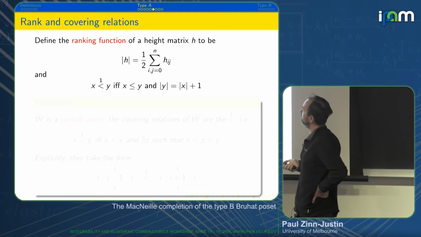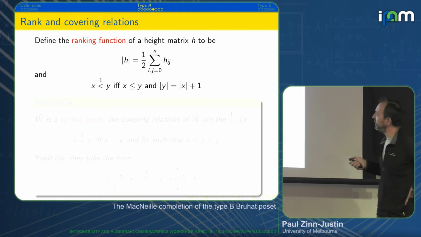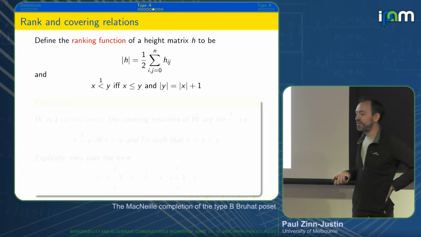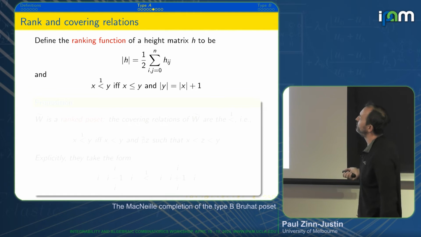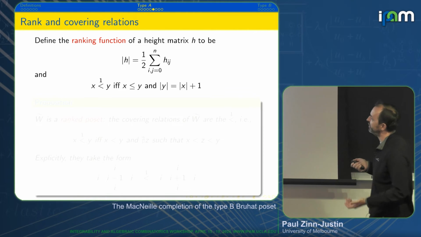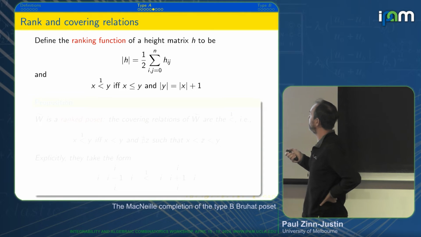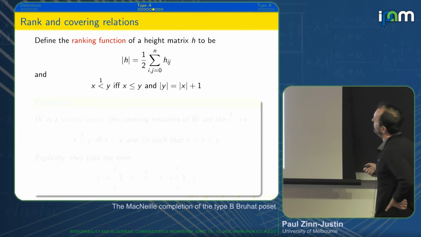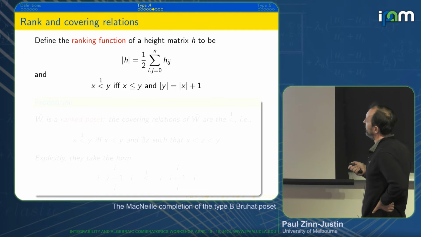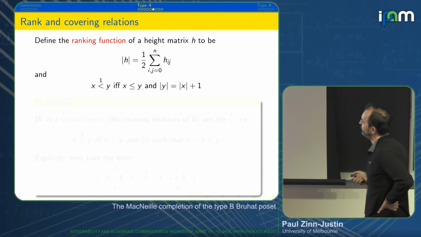The ranking function, or the grading, if you like, of your poset is simply the volume, as mentioned earlier. So the volume under the surface, you can think of it as your ranking. Because I have parity things, you should probably divide by 2. But essentially, it's just the sum of all the heights at every point, up to a factor of 2.